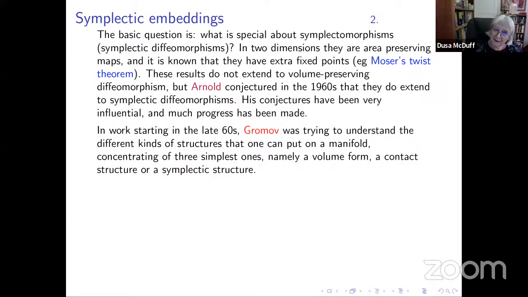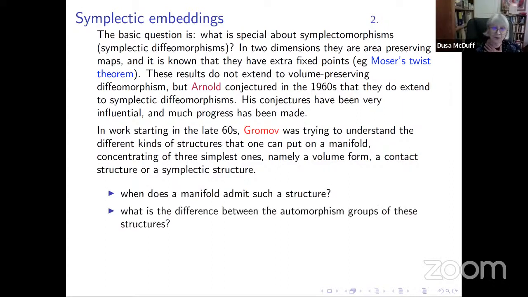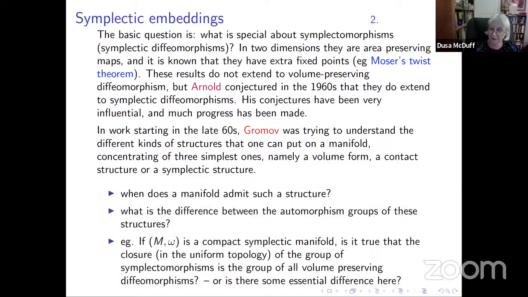Now, related to this, Gromov was trying to understand the different kinds of structures that you can put on a manifold. For example, what about a volume form or a contact structure or a symplectic structure? What special things does a manifold need to have to possess these structures? And what kind of automorphisms do these structures have? Those are the questions he was looking at. For example, if you have a compact symplectic manifold, then something that preserves the symplectic form certainly preserves volume.